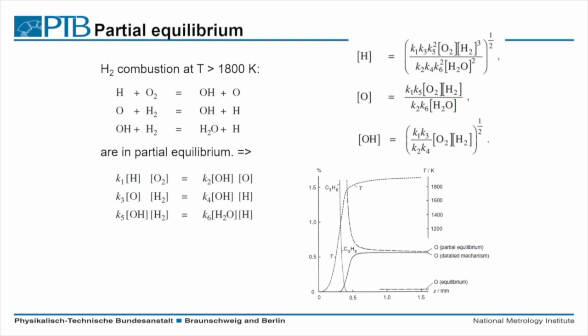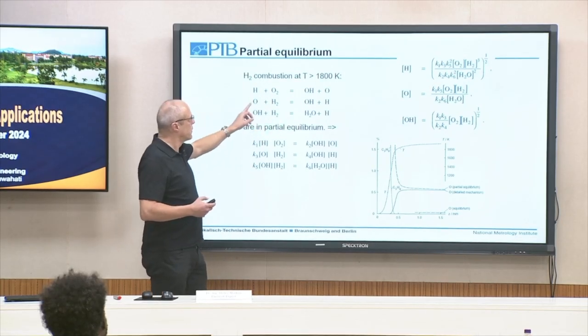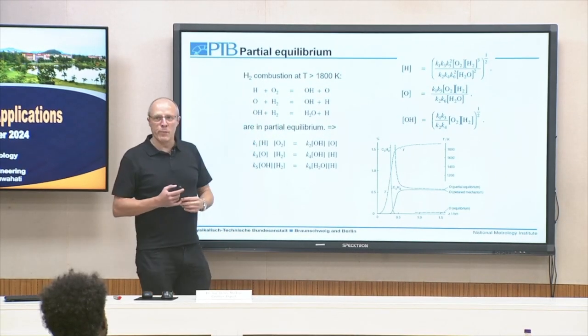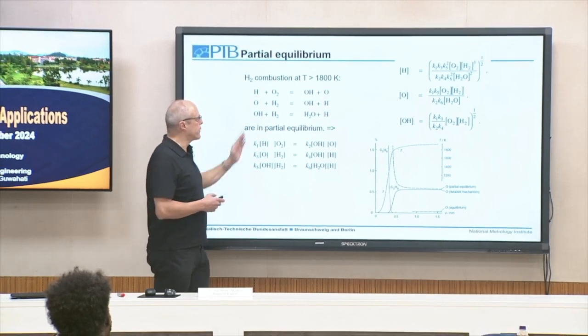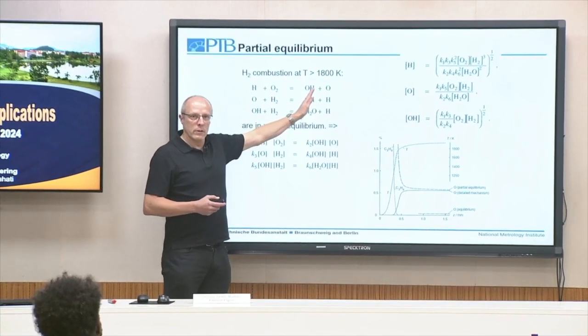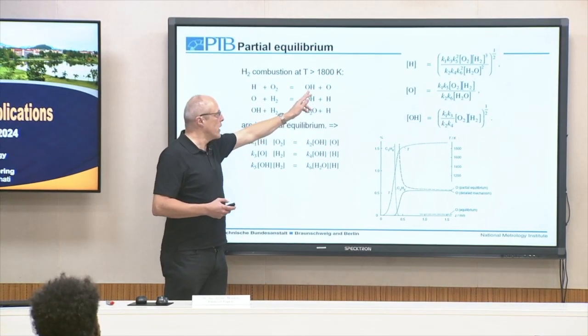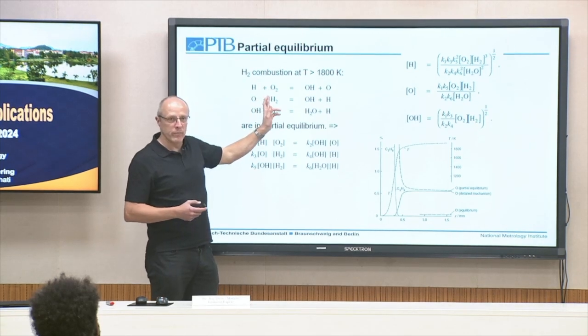Then we have so-called partial equilibrium. So here for H2 combustion at high temperatures, we can assume that these three important reactions are in equilibrium. That means that the forward reaction has the same reaction rate as the backward reaction.